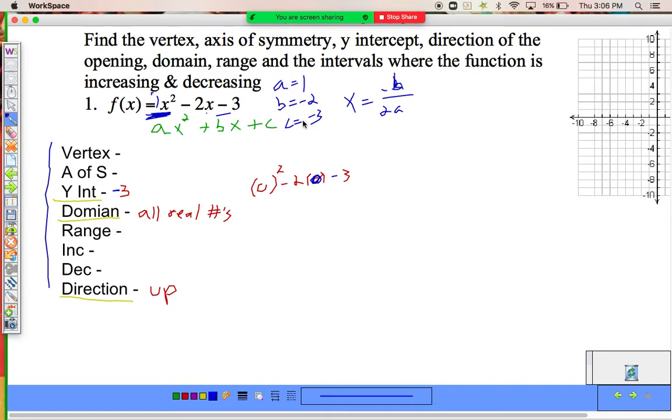So I'm going to do negative b over 2 times a. Negative b, so negative -2, over 2 times 1.